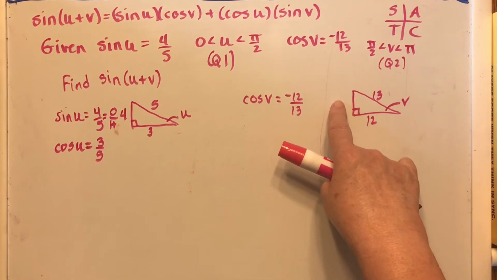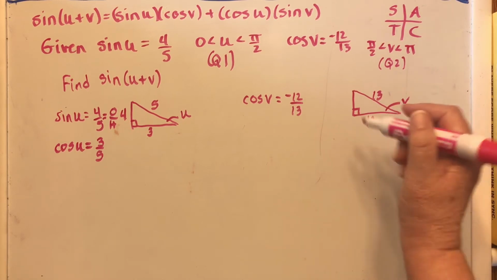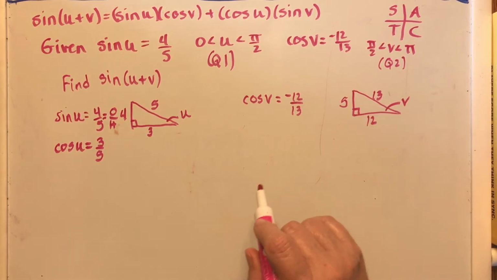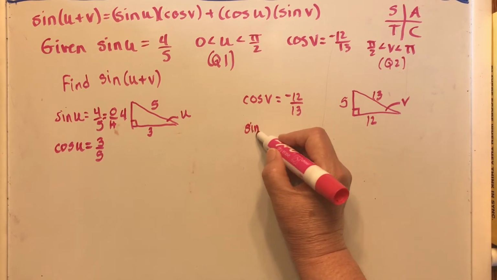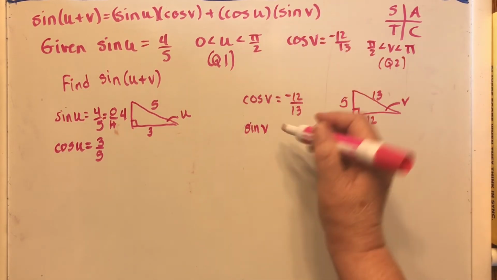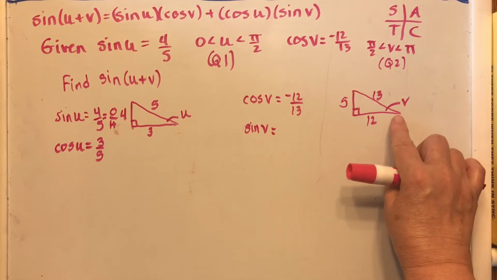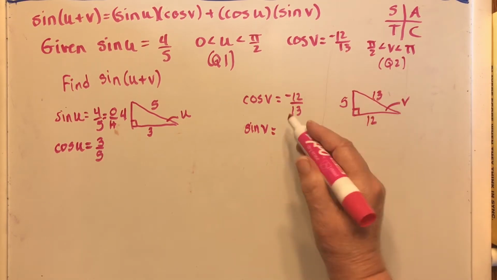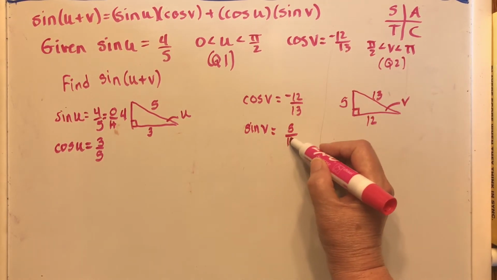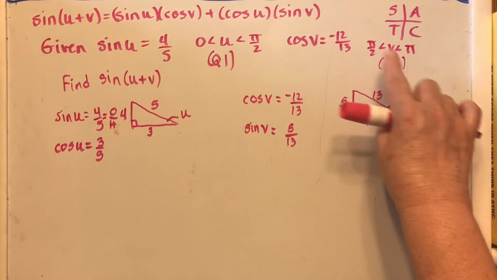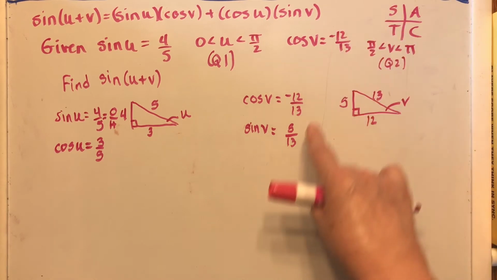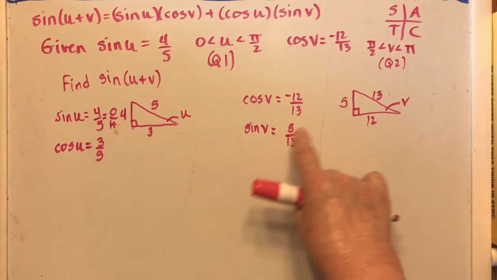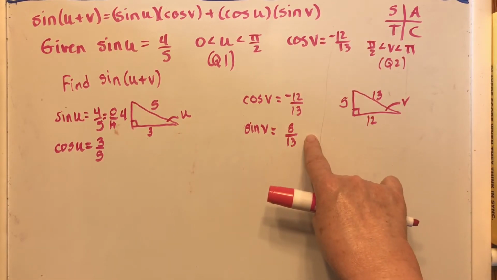The missing side, if you need to, use the Pythagorean theorem, but you're going to find out it is 5. So the sine of v, which is the last value that we were missing, is going to be the opposite over the hypotenuse. And then once you have that, check your quadrant. V is in quadrant 2, and in quadrant 2, sine is in fact positive. So my sine of v is just going to be positive 5 over 13.